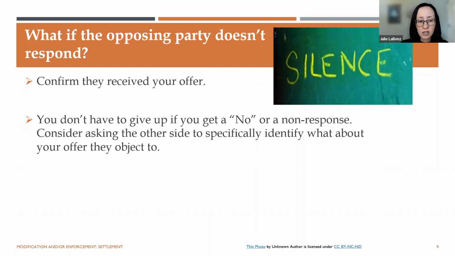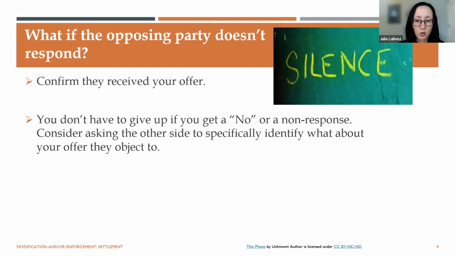You can start engaging in a conversation, and it's around questions. So you're not telling them, but you're asking them, okay, well, what about the legal decision-making modification don't you agree with? What about the change to child support? You can gather information and start drawing them into a negotiation through your questions.